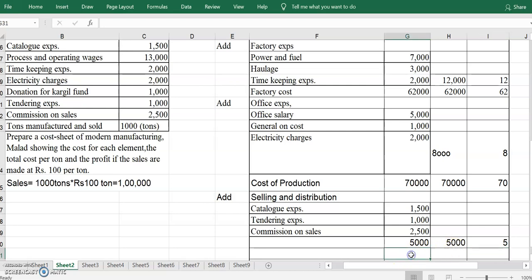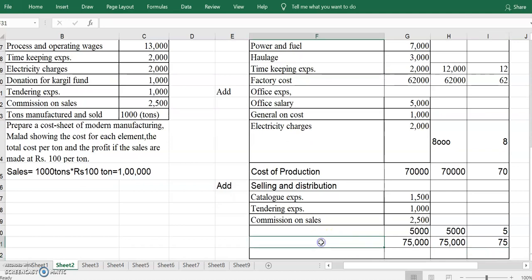Total heading, or you can say total cost, is 75,000, which is 75 rupees per ton.